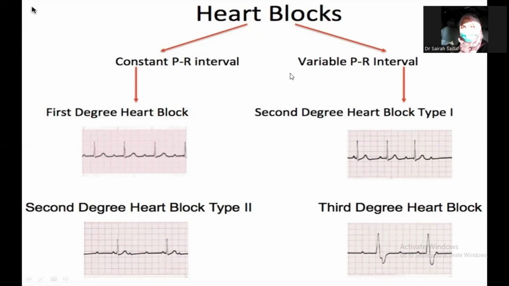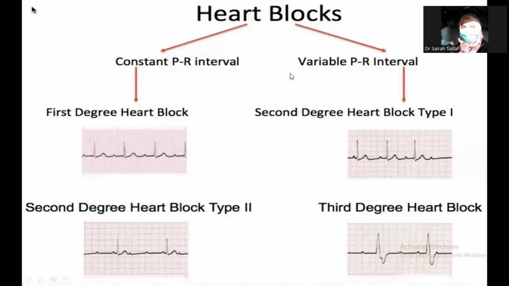Now, when we talk about the blocks, where do you have to look? First of all, let me clarify one thing: AV block means the delay of the electrical impulse from the atria to the ventricle.